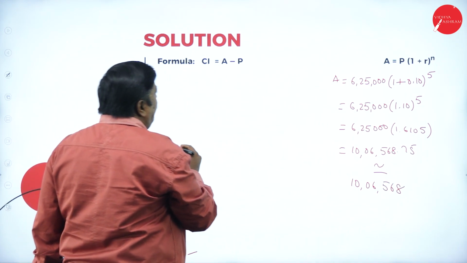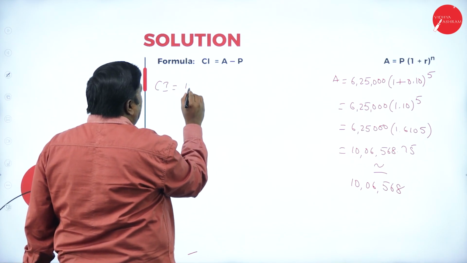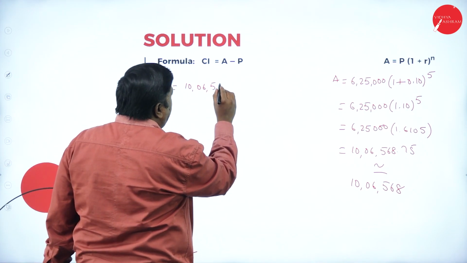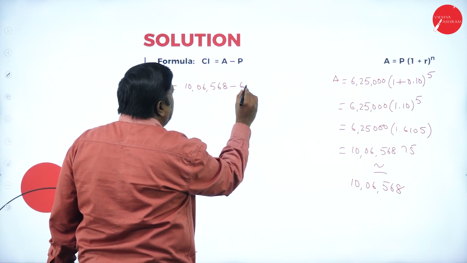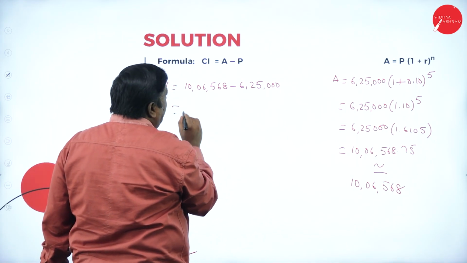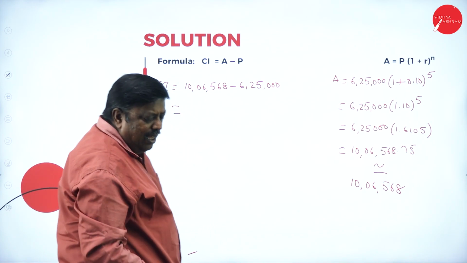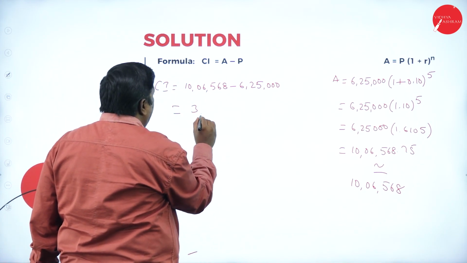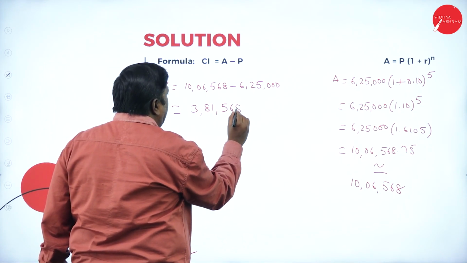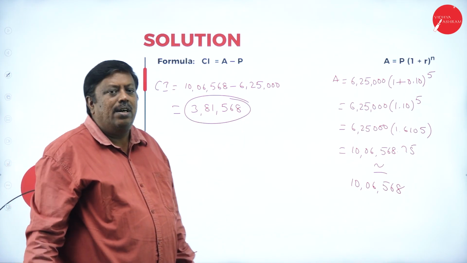Now the compound interest equals 10 lakh 6,568 minus 6,25,000. So it is going to be 3,81,568. This is my compound interest, what we are going to receive.